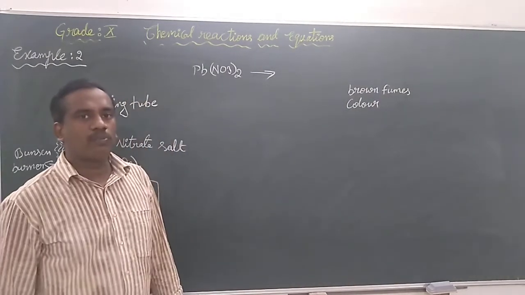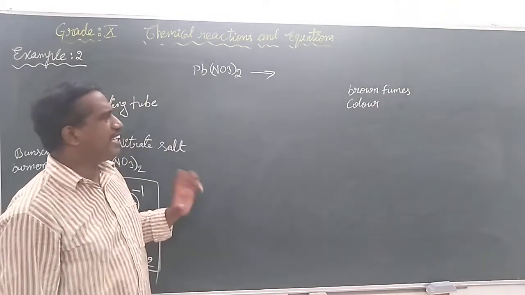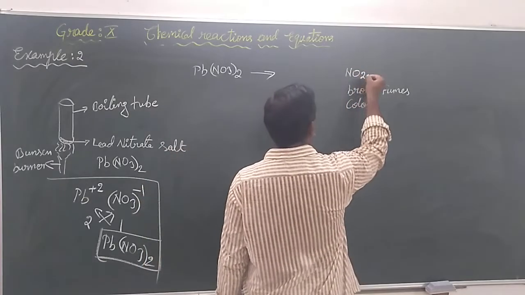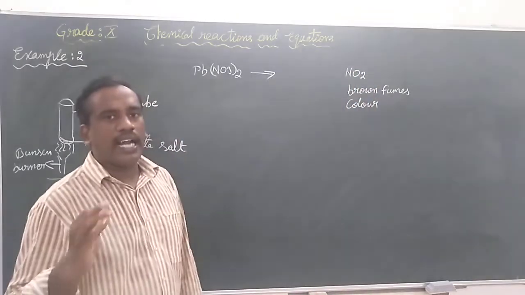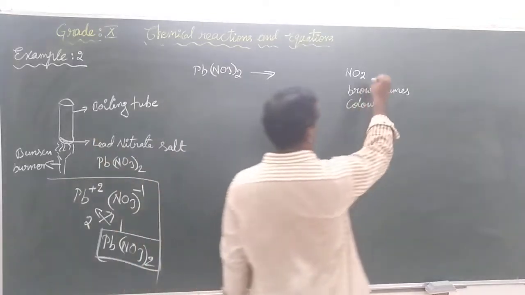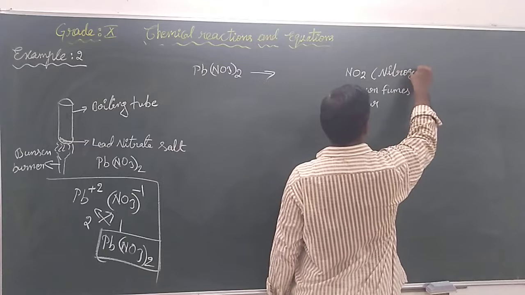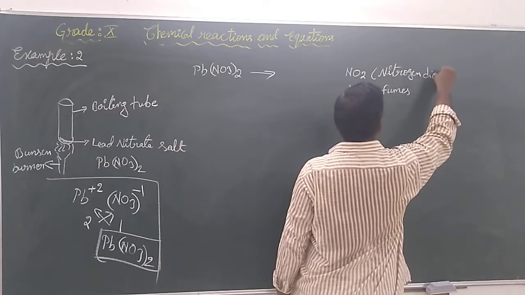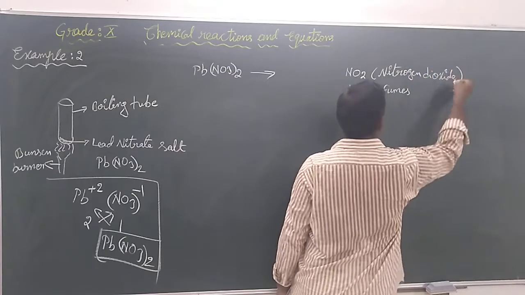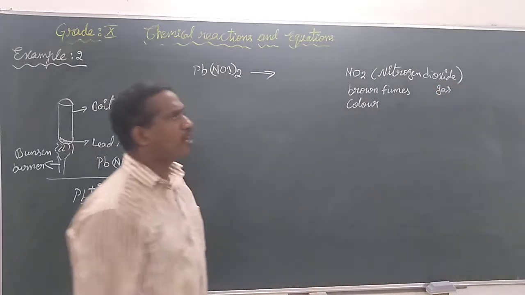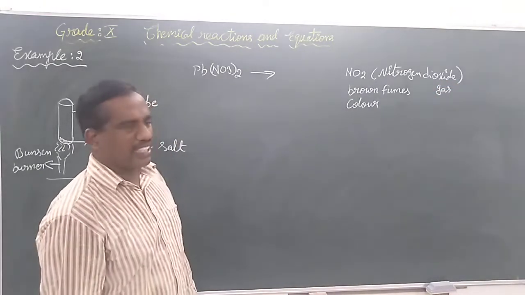Whenever we come across brown color fumes, they will basically be an oxide of nitrogen, called nitrogen dioxide. So the brown fumes are due to the evolution of nitrogen dioxide gas.